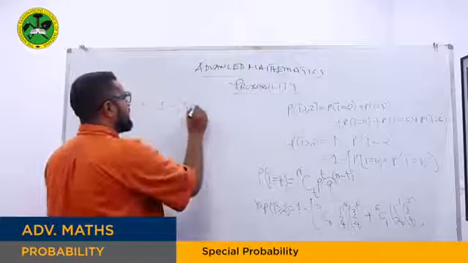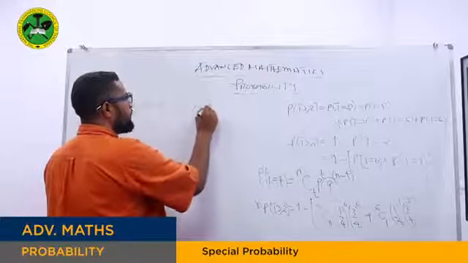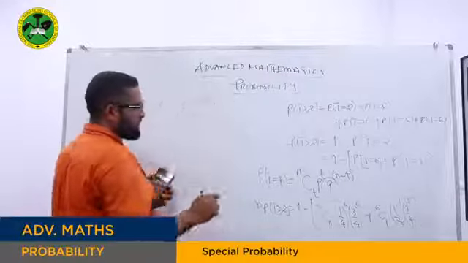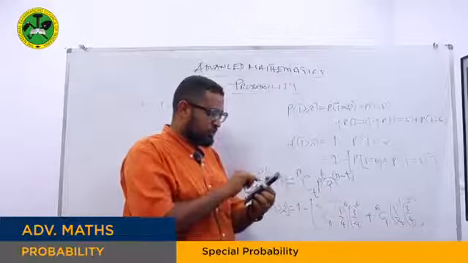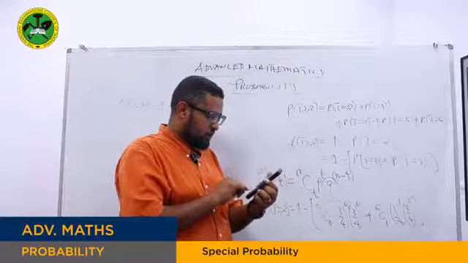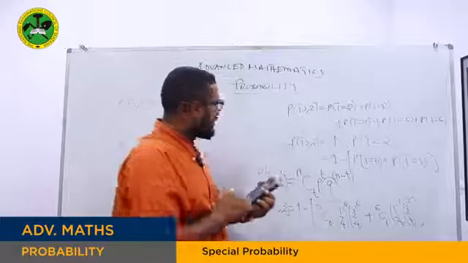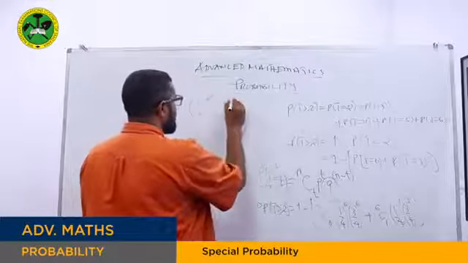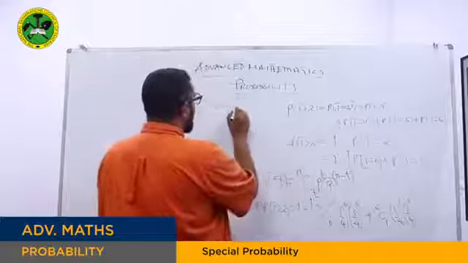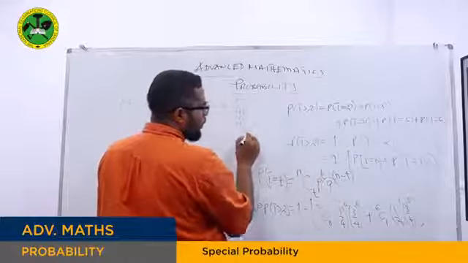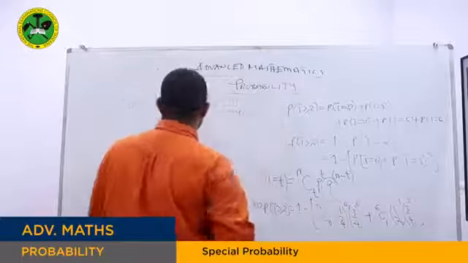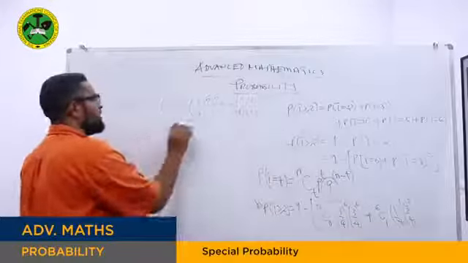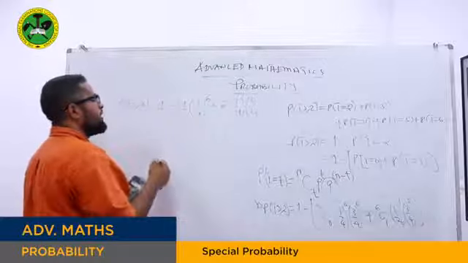We have 3 over 4 to the power of 6. We add 6 combination 1. So again, use your calculator, take 6 combination 1. You get 6. So it is 6, 1 over 4, times 3 over 4 raised to 5. Let's simplify the inner bracket, then we subtract from 1.